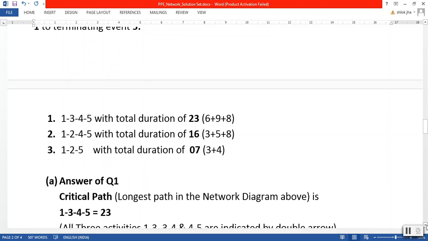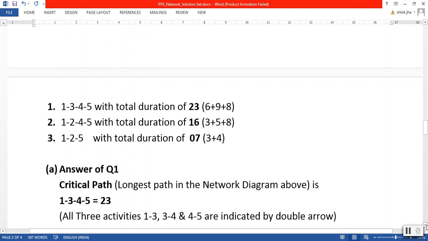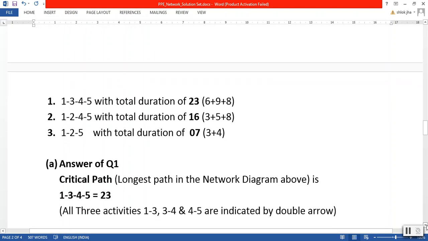A. Answer of question 1, critical path. Critical path, as per definition, is the longest path in the network diagram. And what is the longest path? That is 23 time units, and this 23 time units is of path 1-3-4-5. So 1-3-4-5 is the longest path, the critical path of the diagram constructed above.